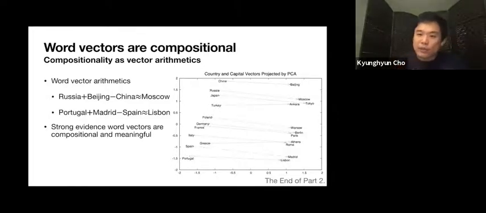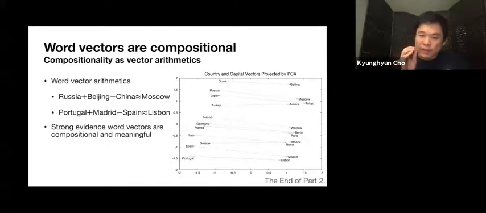It turned out that the nearest vector is Spain. These are not even cherry-picked examples. These observations can be made for almost any arbitrary choice, as long as that choice reflects the real world or the data you have.